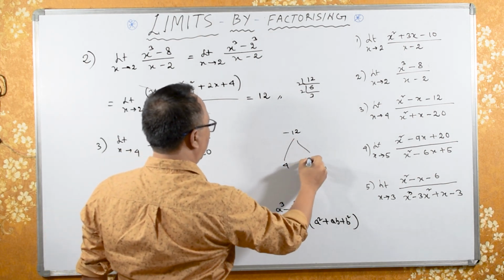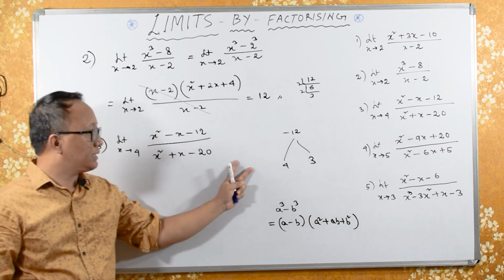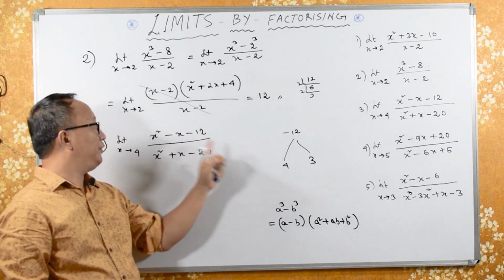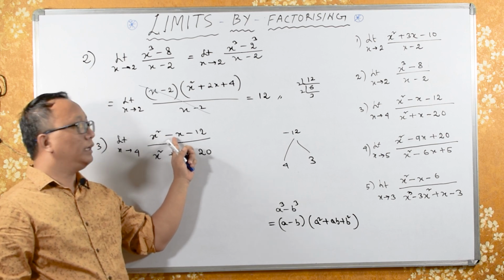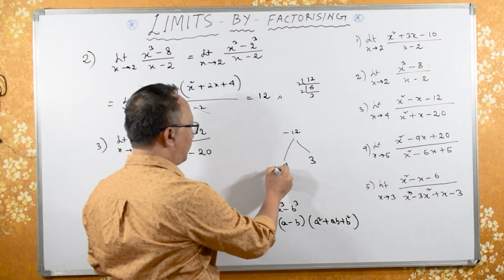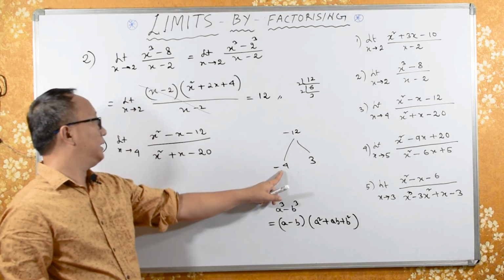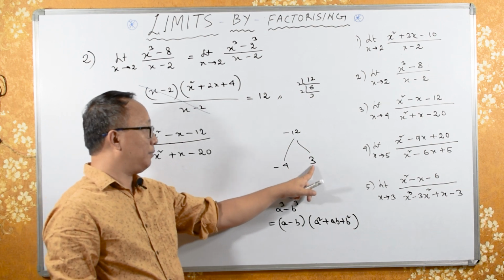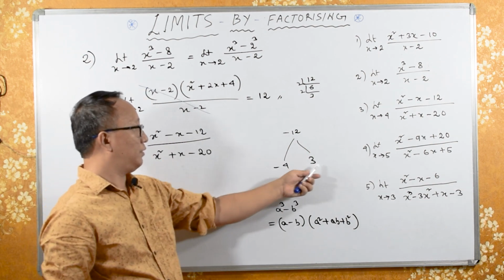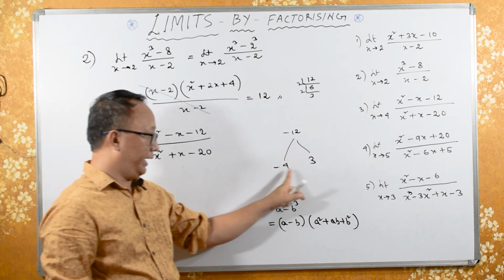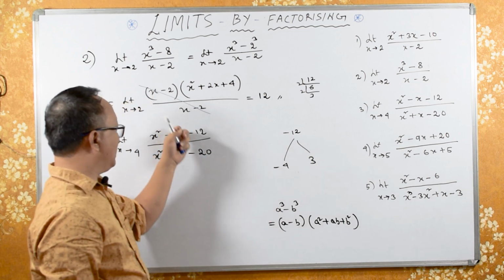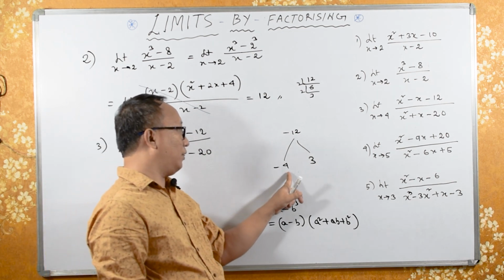We have to search two numbers such that if we multiply, we get −12, and if we add, we get −1, since the coefficient of x is −1. Therefore, it's better to take −4 and +3. −4 into +3 is −12, and if we add these two, we get −1. So instead of this −x, we can write −4x + 3x.